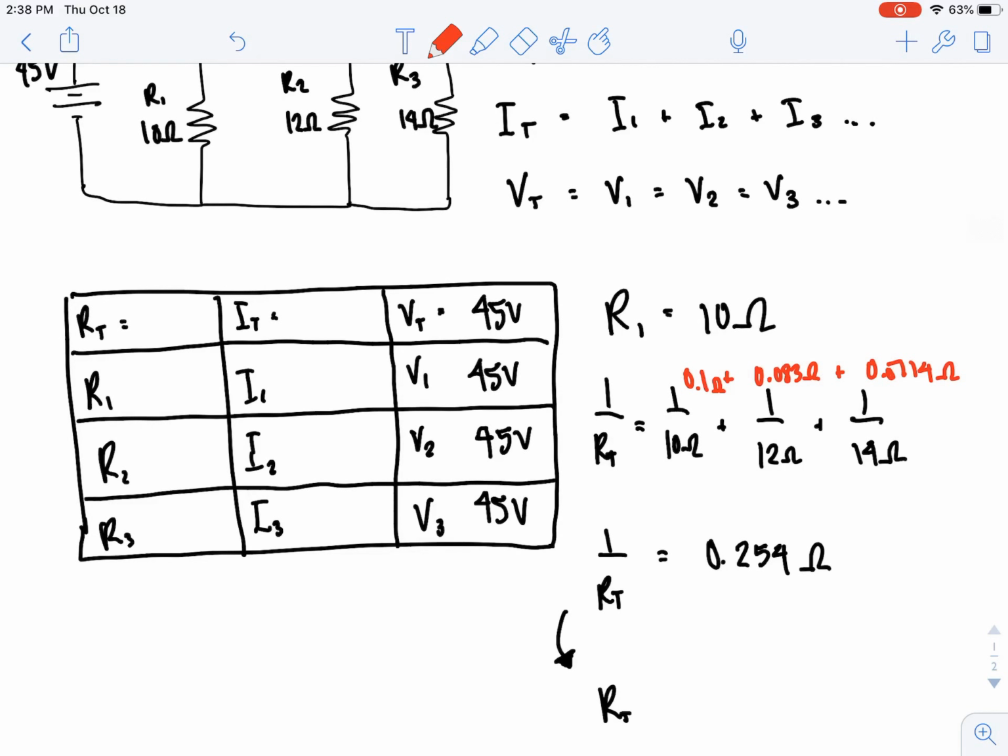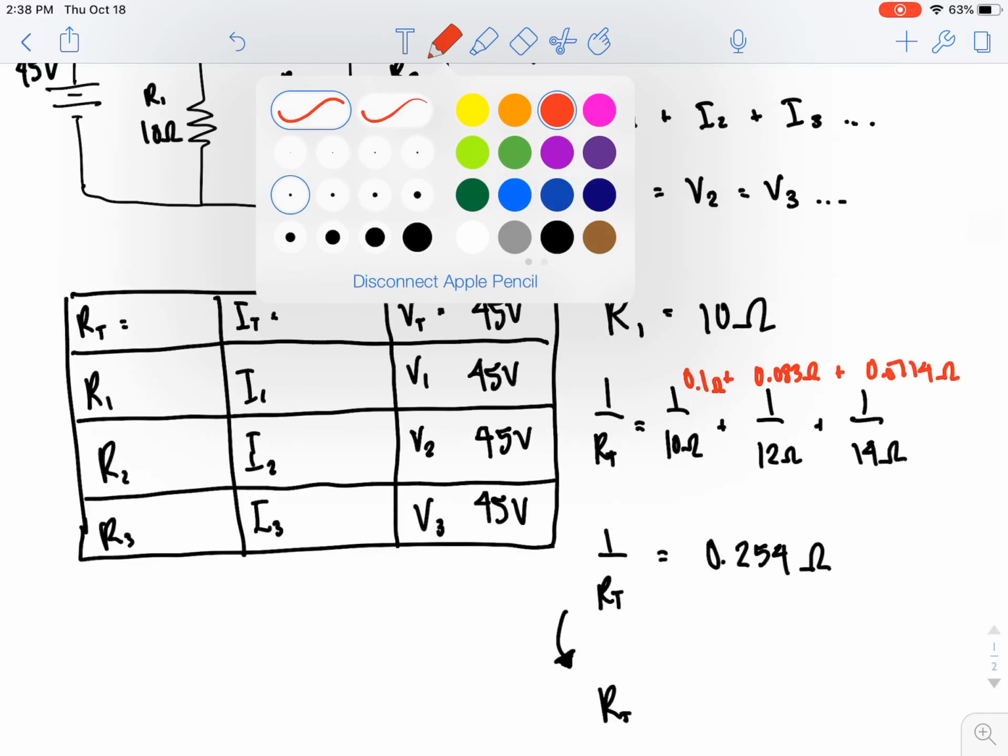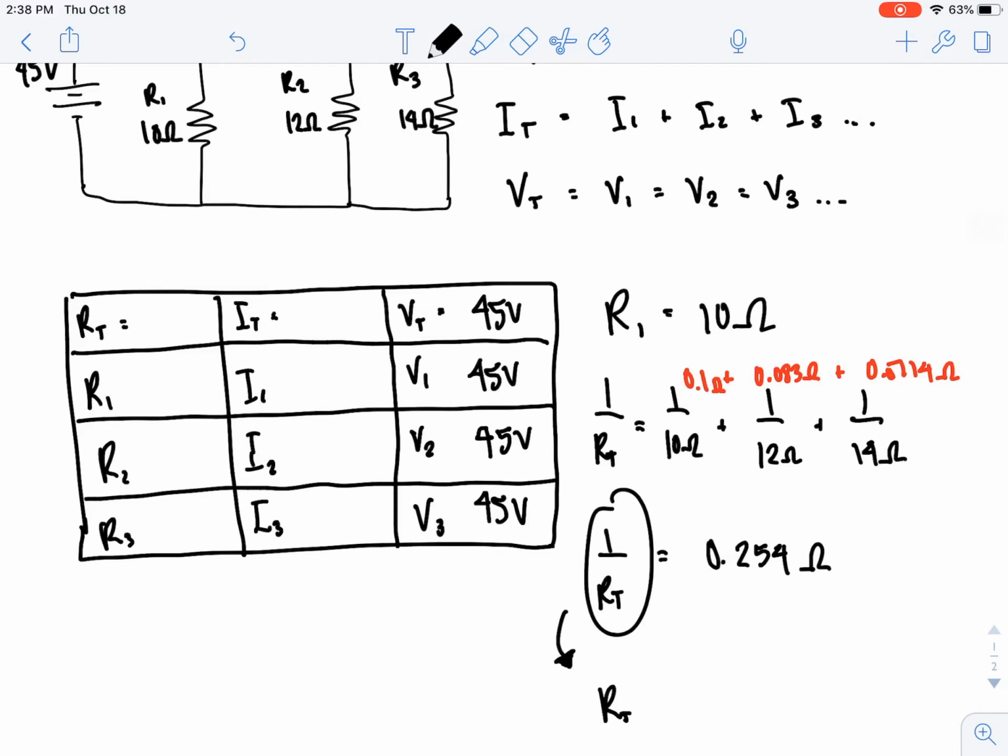Now, right now it's 1 over RT, right? We want to get that to just RT. So I would actually have to do the inverse of that, or essentially the reciprocal of that. And what I do to one side, I have to do to the other. So the reciprocal of 0.254 is actually 3.93 ohms.